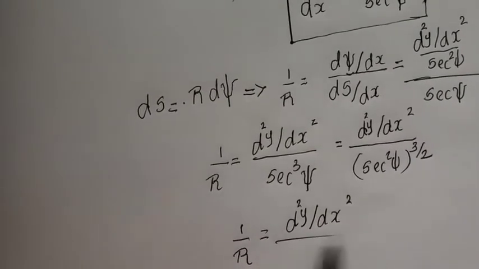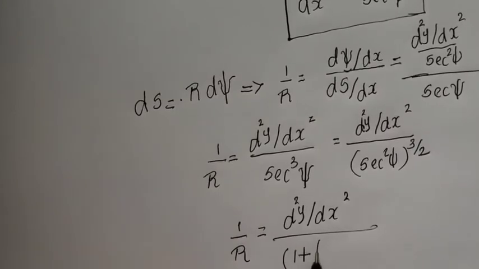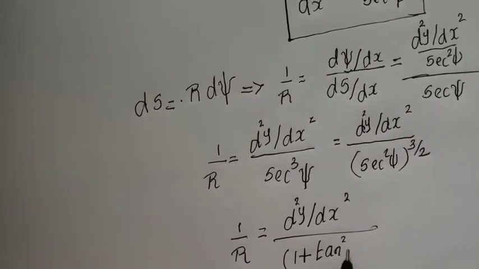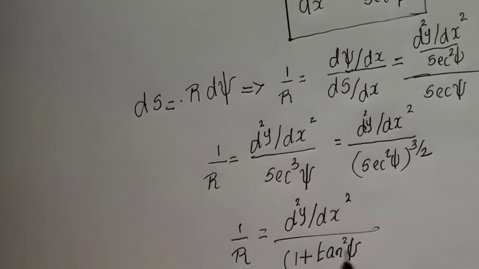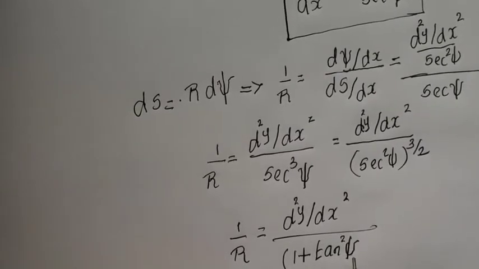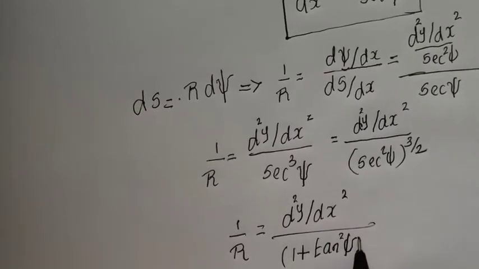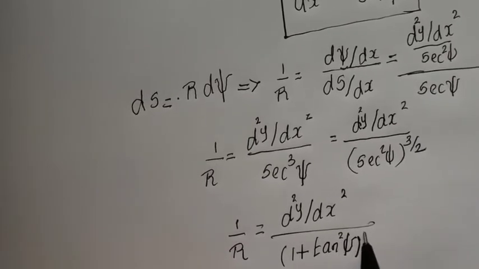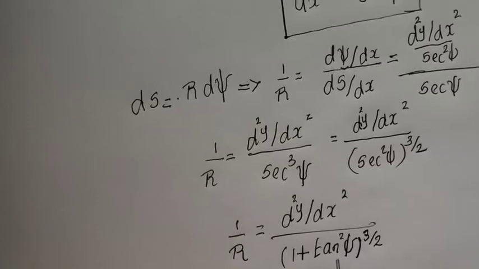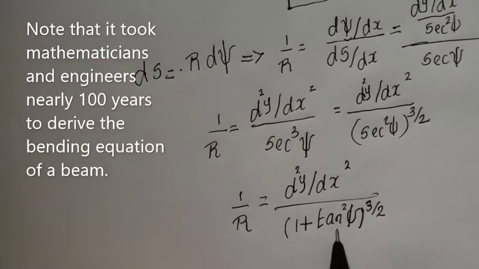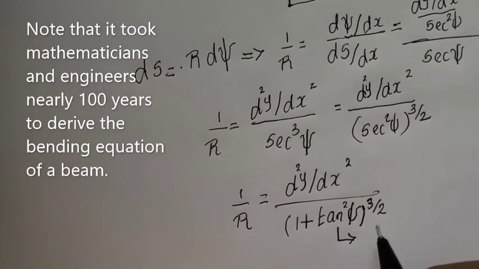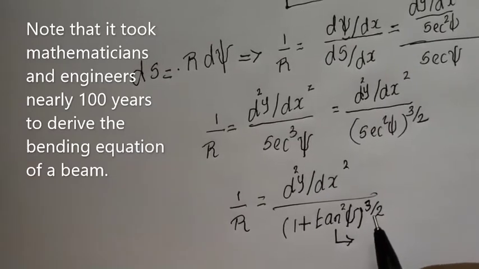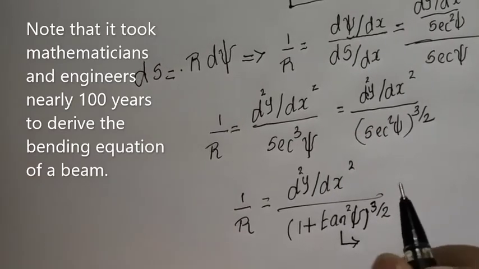The secant squared psi can be written as 1 plus tan squared psi. So secant squared psi minus tan squared psi is equal to 1. So you work out for secant squared psi, that becomes 1 plus tan squared psi raised to the power 3 by 2. I have to tell you that this value tan squared psi, for very small angles of psi, for all practical purposes, the value of psi is going to be very small.